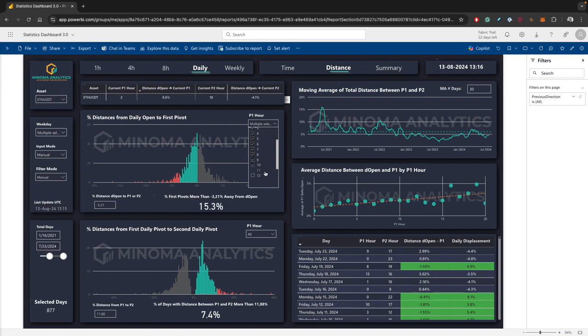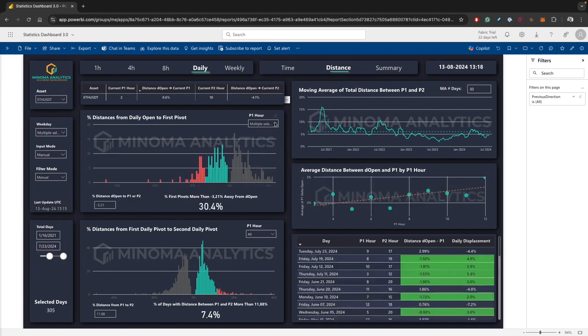So we had 15.3%, remember that, and now suddenly it's 30%. So we can see that that's a big difference, right? When we were looking at all data, only 15% of days had a P1 further away, so it was very low probability.